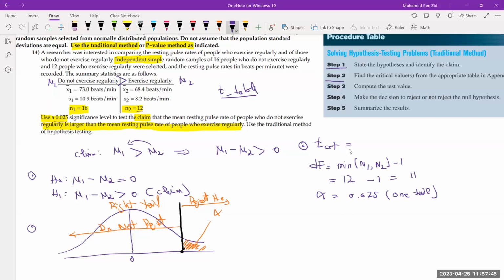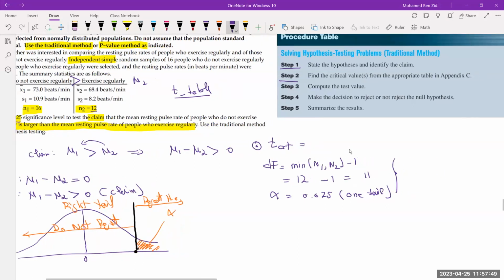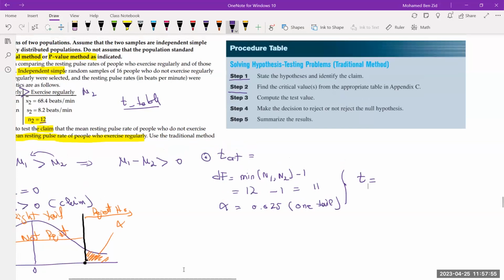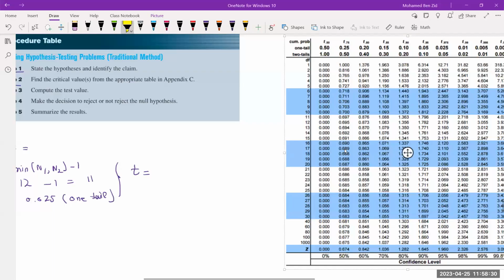Okay, so the table requires one tail or two tails. This is going to give you the value of the T. Let's go to the table. Here we are at 11. So this is my degree of freedom 11.